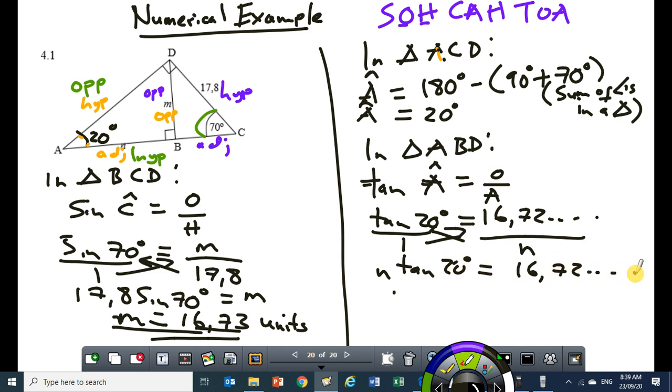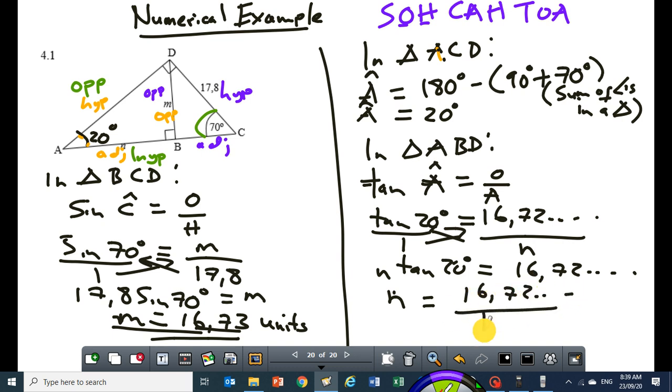The reason why I'm putting the dot dot is because we want to use the original value of M, which is not rounded off. Then, by now, all of you must know that this becomes N equal to 16,72 over tan 20 degrees. Now, let's put that in the calculator.